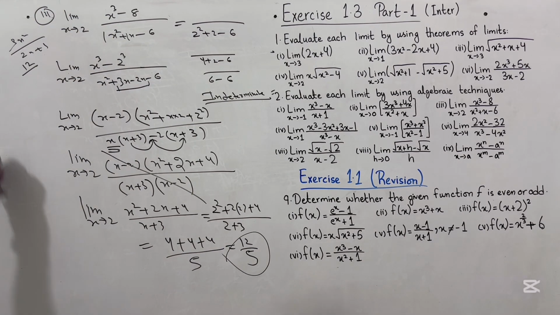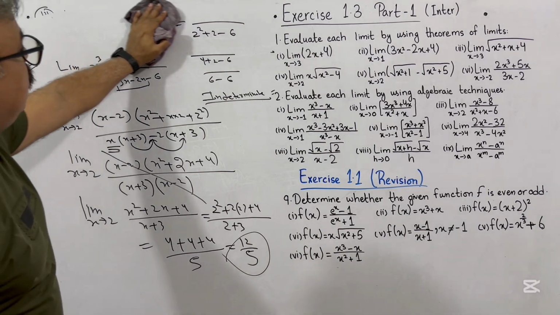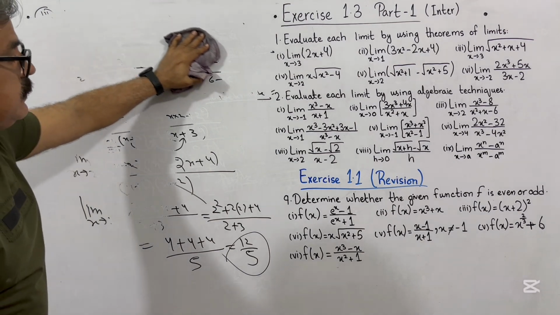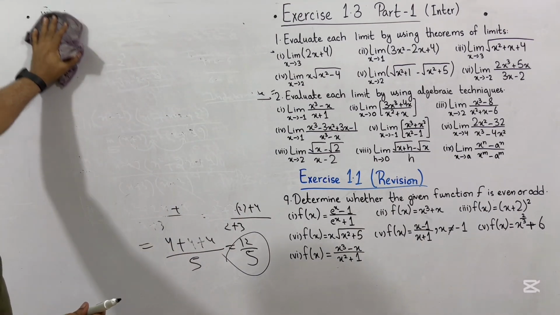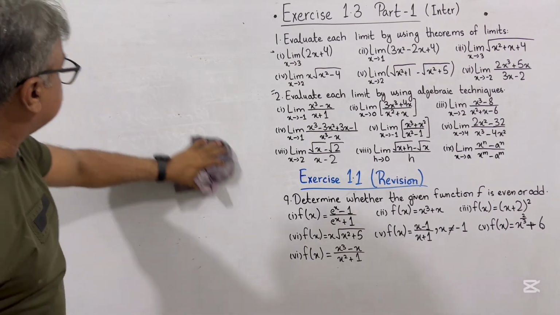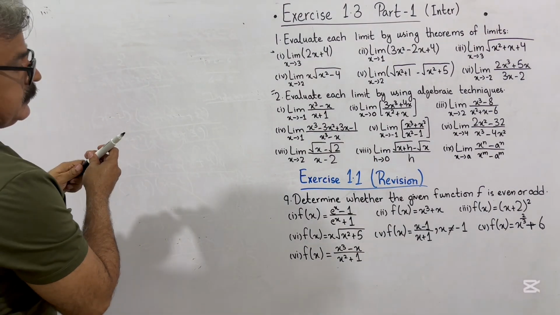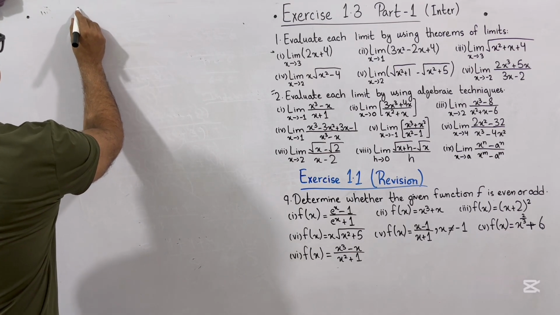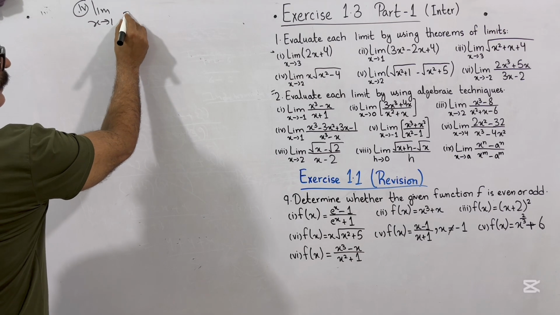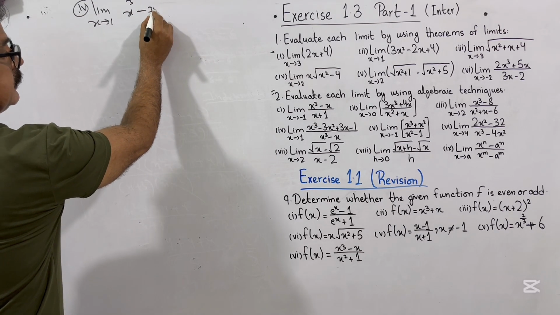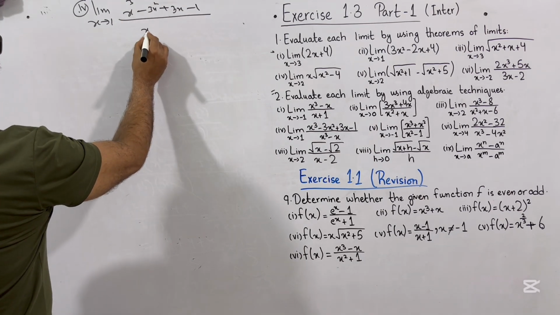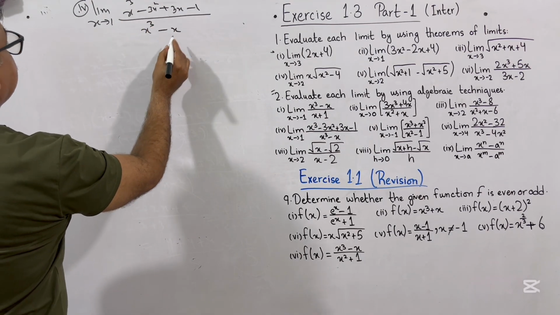Moving towards question number 4. Limit x tends to 1, x cube minus 3x square plus 3x minus 1 overall x cube minus x.